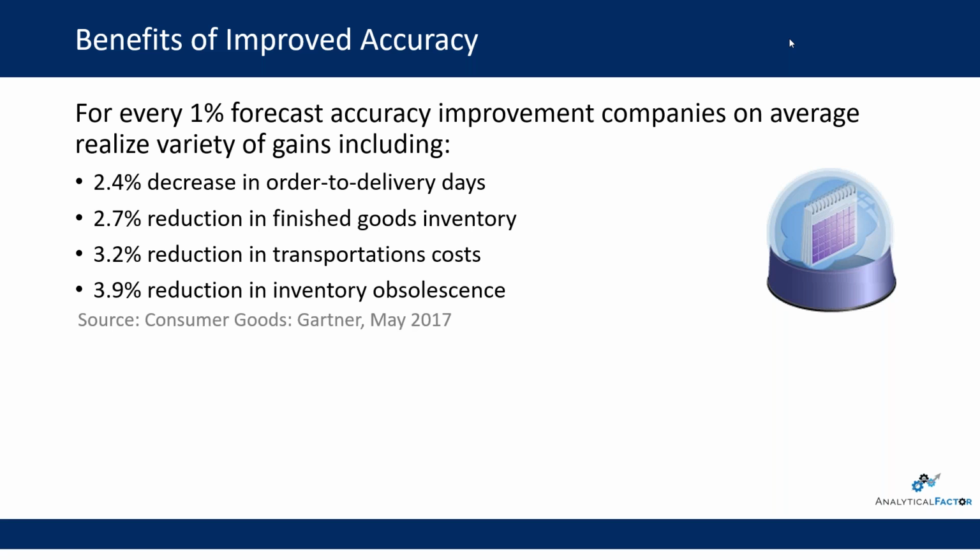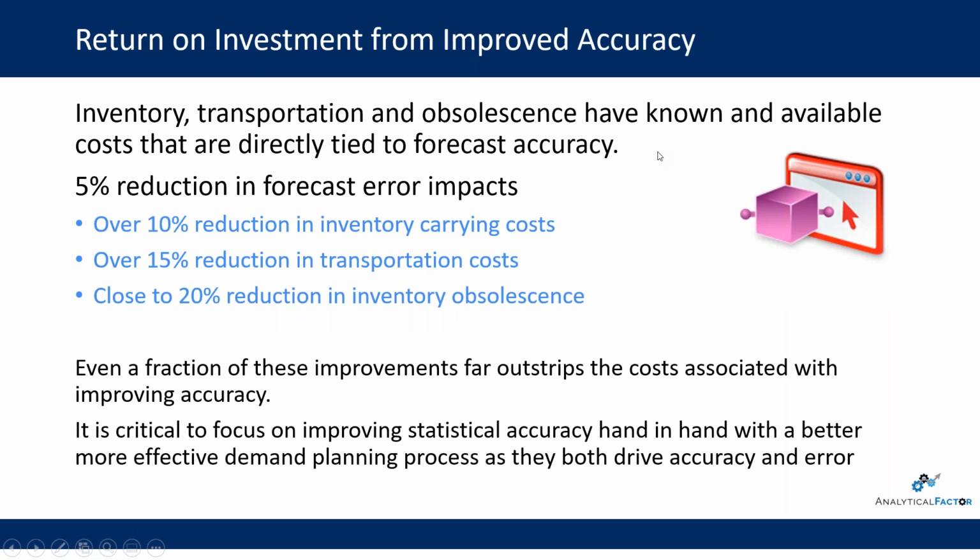When you're thinking about accuracy, the way I like visualizing it is something like this. If I could reduce my forecast error by 5 percentage points, my inventory carrying cost goes down by 10%. Transportation cost goes down by 15%. And obsolescence goes down by almost 20%, due to increased inventory turns and improved efficiency throughout the supply chain.